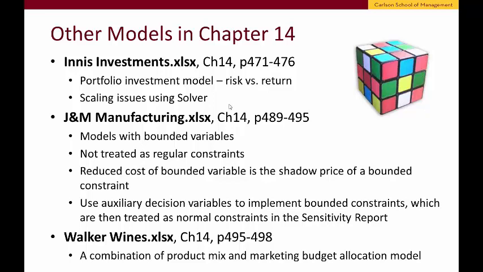I also mentioned Walker-Wine's example at the bottom, where the sensitivity report was not as useful because the constraints cannot be related to their original intended form. Changes in the right hand side of one of the model constraints change other parameters used in other constraints and thus violate the basic principle of sensitivity reports, which is analyzing the impact of changes in a single parameter at a time.